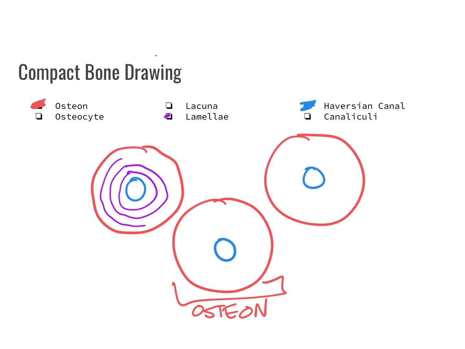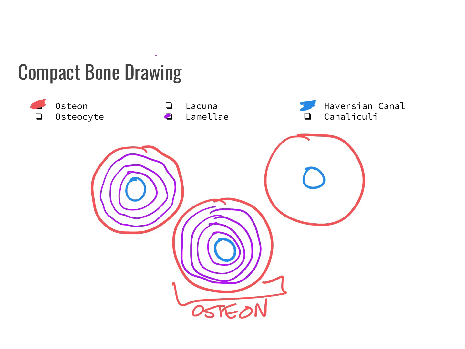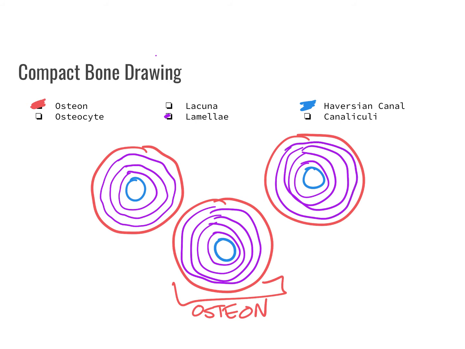Okay, if you guys are in Notability, you can use that nice circle feature that makes those perfect circles for you. I am not in Notability, so mine are a little messier, but here's the lamellae, the concentric rings in the matrix of the bone. And then pick a color for the lacunae. Those are going to be these little depressions that are all along the lamellae.